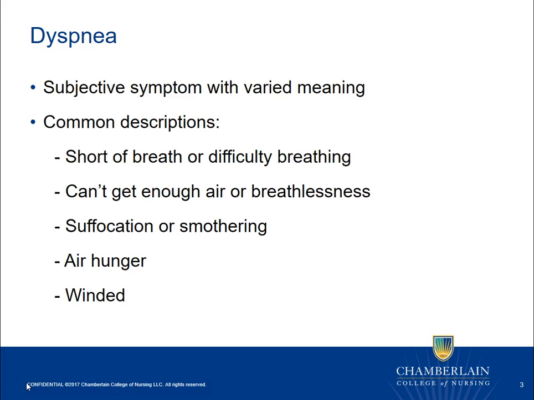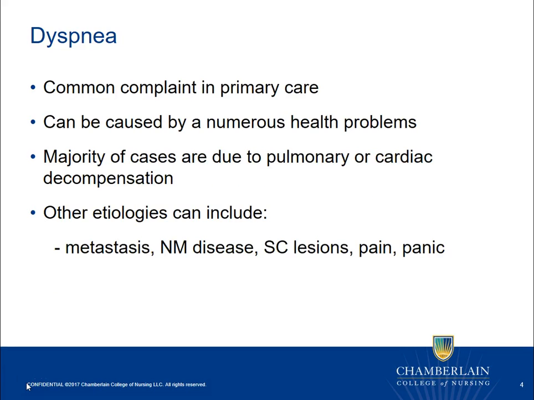Some examples of the descriptions commonly used for dyspnea are shortness of breath, difficulty breathing, can't get enough air, breathlessness, suffocation or smothering, air hunger, and winded. Dyspnea is one of the more common complaints in primary care that can be caused by a number of diverse health problems.